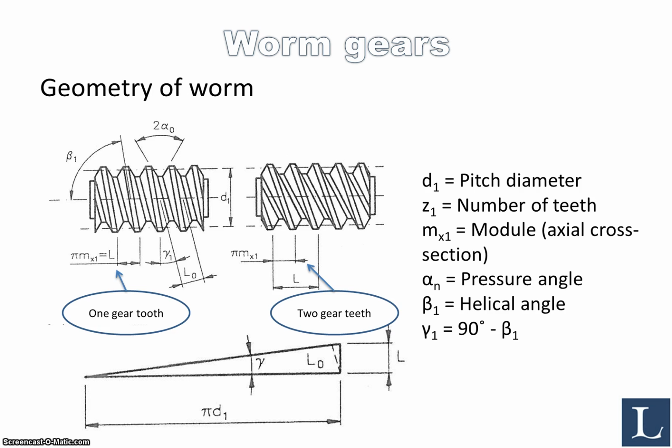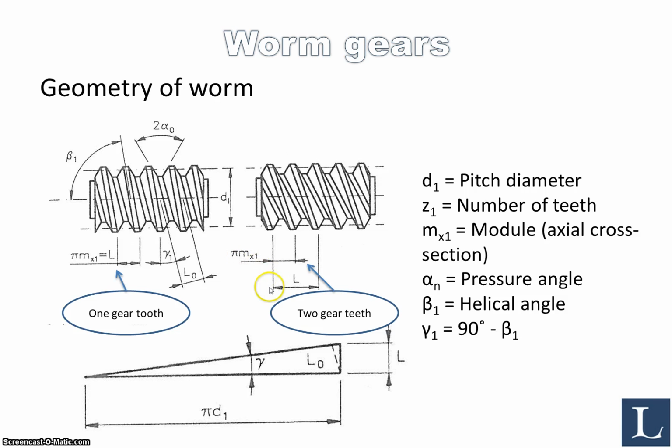Moving on to the geometry, the worm. If we start with the worm, this one is defined by using the pitch diameter, which is D1, shown right here. Z is the number of teeth, so in this case you see L right here equals pi times the module, and this would mean that you have one gear tooth in this one.